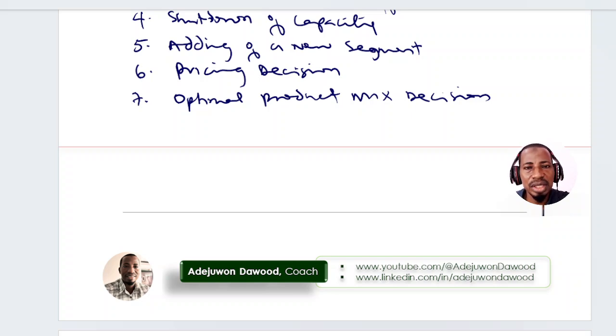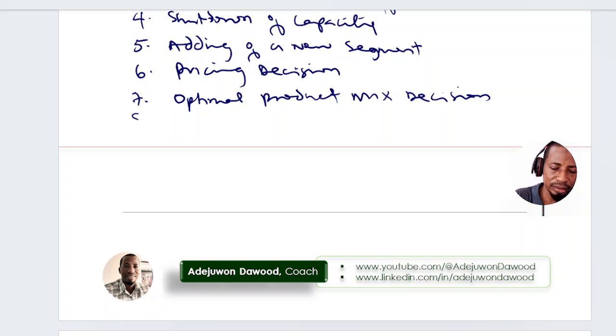Therefore, how the little that the company has is going to be allocated among competing product lines in a judicious and efficient manner is what optimal product mix decision is all about. It is used when there is only one constraint, where only one factor of production is limited in supply. Optimal mix is a topic on its own. We are going to discuss it when we get there.